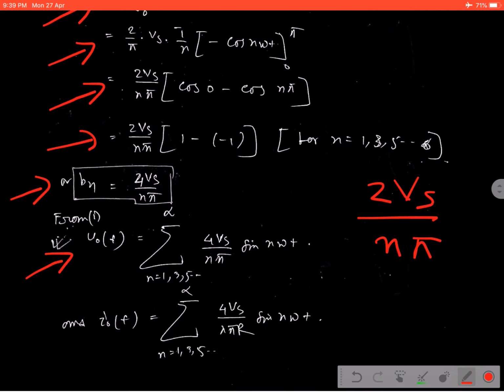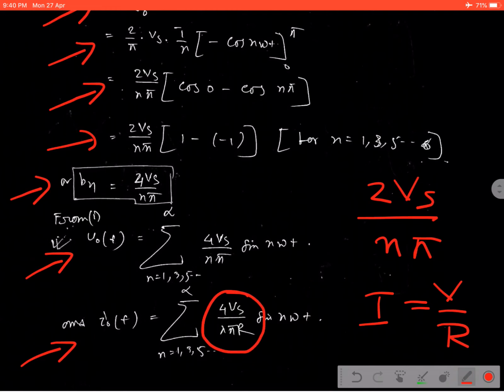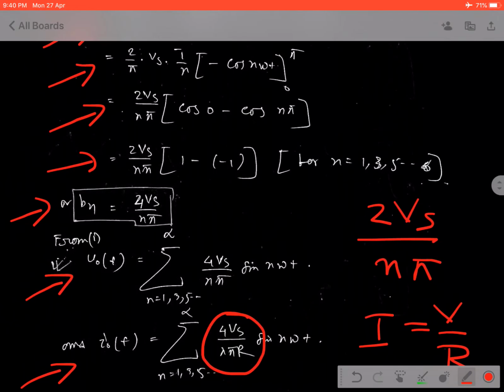Okay, so the output equation for the current: as the resistive load R load is there, the output current I0 equal to V by R, that means 4 Vs by n pi R. So this is the output equation. This is all about the operation and the equations. Thank you.